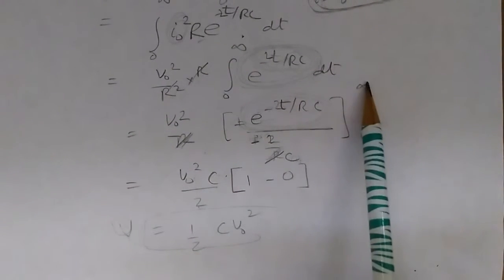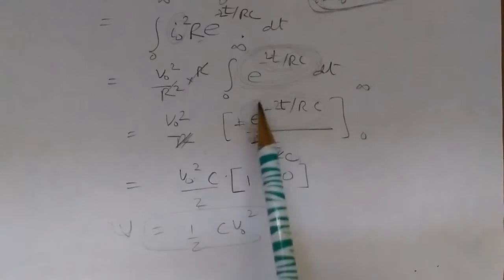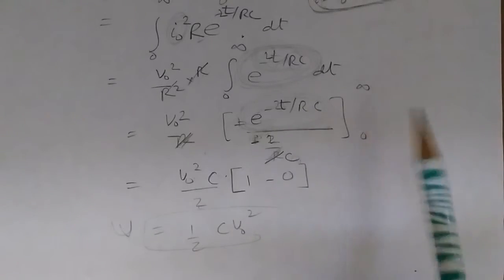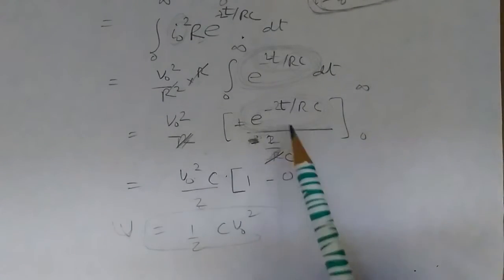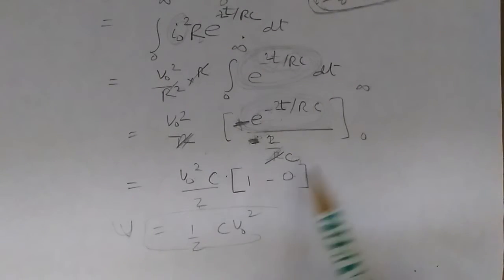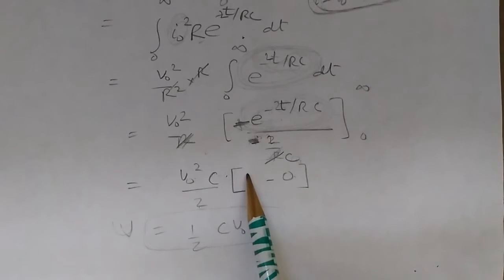In this term, if we put t equal to infinity, it's 1 upon e to the power infinity, which is 0, and there's a minus sign here, so this becomes plus. Then when t equal to 0, it is e to the power 0, which is 1. So this energy dissipated as heat becomes half C V naught square, and this is equal to the energy eventually stored in the capacitor.